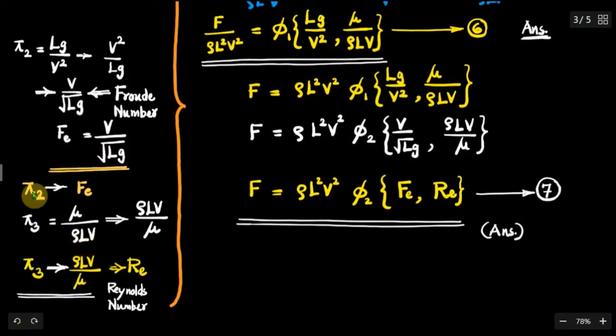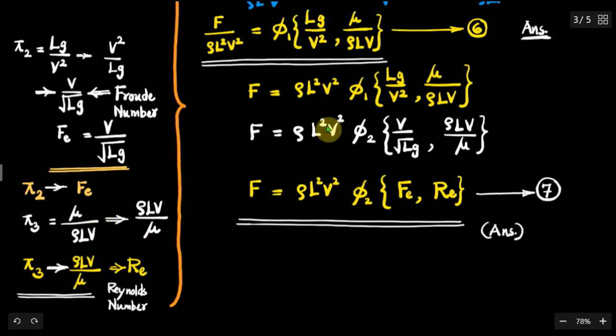Essentially the second pi term, we have found out that it is actually the Froude number. Now the third pi term is mu by rho LV. If you take the reciprocal, you will get rho LV by mu. We already know that rho LV by mu is the Reynolds number, a very prominent non-dimensional number. So even if you take the reciprocal, the non-dimensional behavior will not be affected.